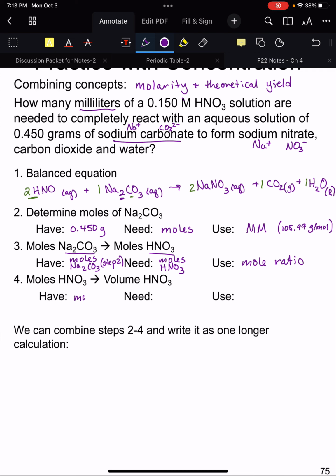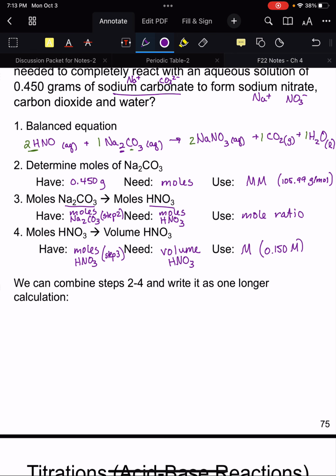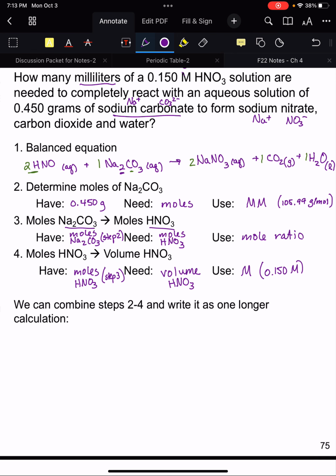If we have the moles of HNO3, which we just found from step 3, what we need is the volume of HNO3, and we'll use the molarity, 0.150 molar, because molarity converts from moles to volume and volume to moles. So let's put all of this information together and write it in a combined step, the same way that we were doing earlier in this chapter.